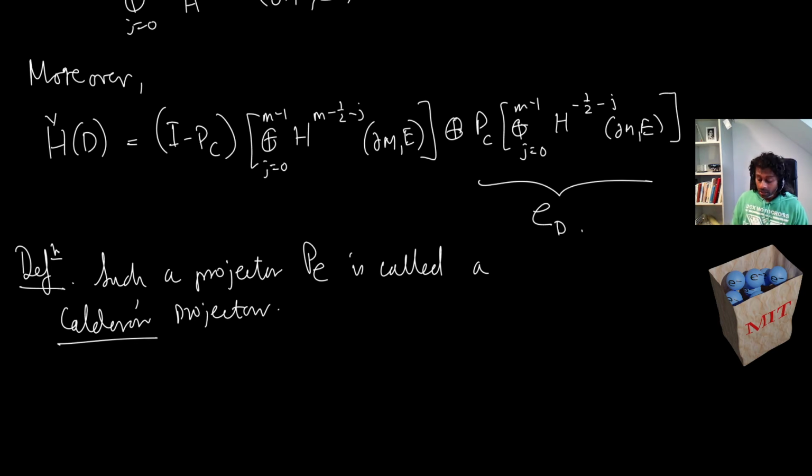Okay, so this is something really important to commit to memory, because elliptic regularity tells us that without boundary, the domain of an elliptic differential operator of order m is H^m. But here, when we have boundary, there is a part which pushes it outside of that regularity regime.